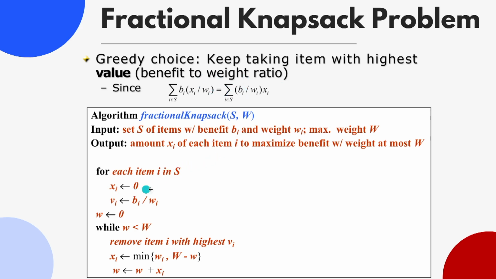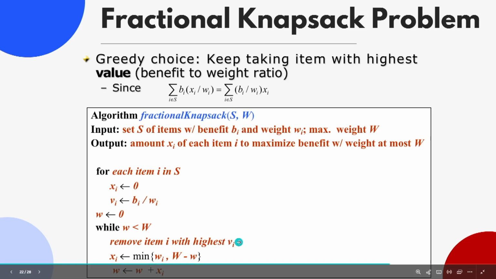As given here, we take an item, compute its value benefit, initialize small w to 0, and check that we do not exceed the knapsack's capacity. We remove the item with the highest benefit value and check whether it could be added to the knapsack. If there is space in the knapsack, we add it, and we continue doing this as long as we can add more items without exceeding its capacity.